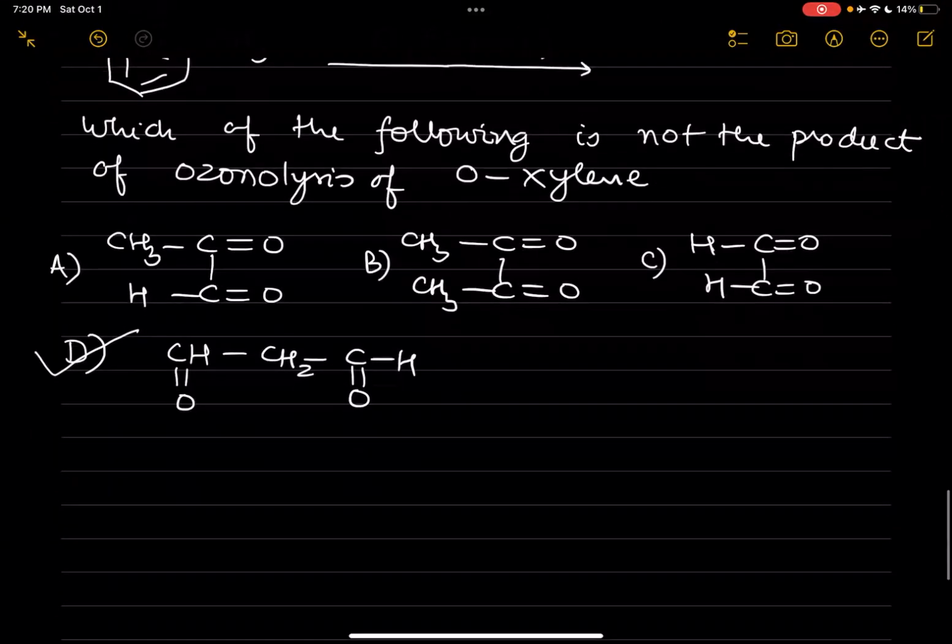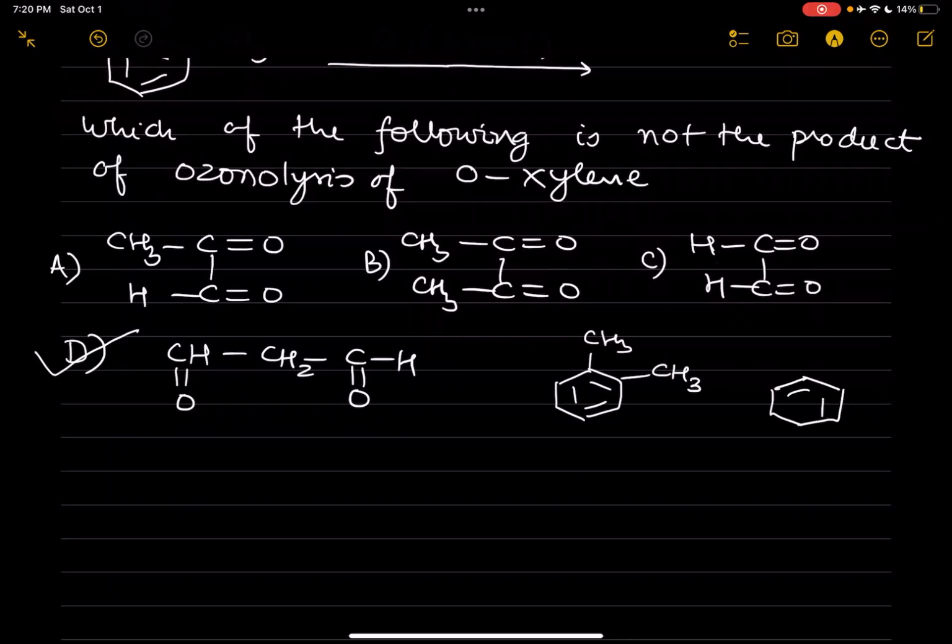It's a very small concept, and let me tell you, I have given this structure, and you need to consider this structure also. Clear? What's the difference and why do we need to consider this?